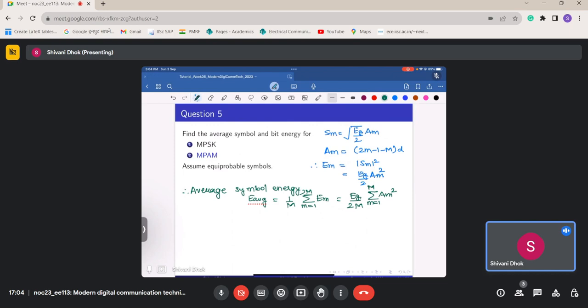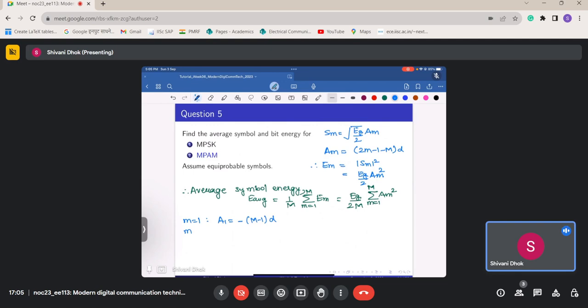Okay, now let us look at how this Em varies. If I have m equal to 1, then this A1 is equal to 2 into 1, that is 2, minus 1, minus m into d. So this is basically minus (m minus 1) into d.